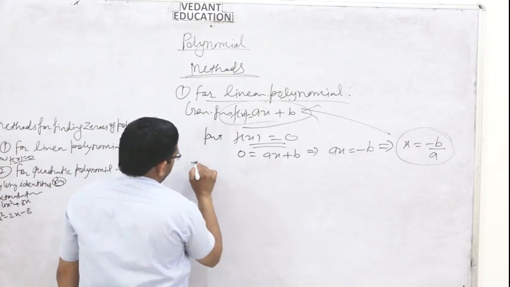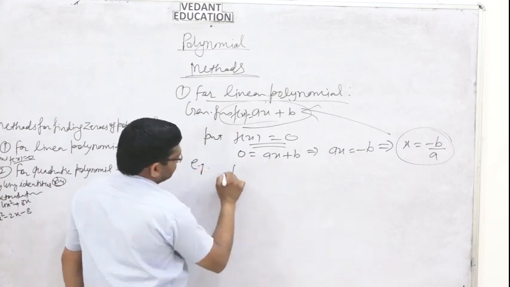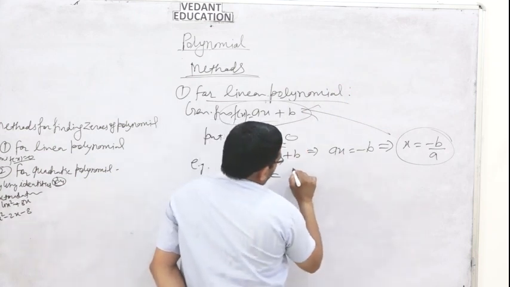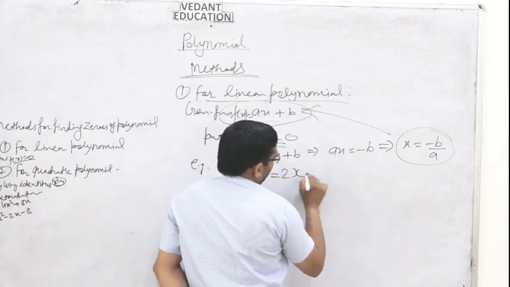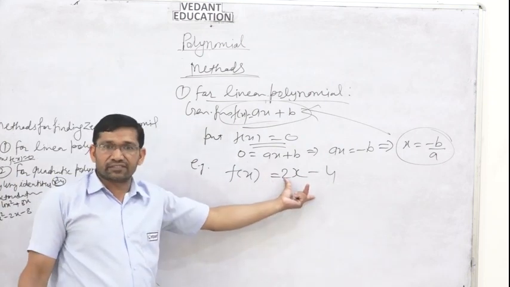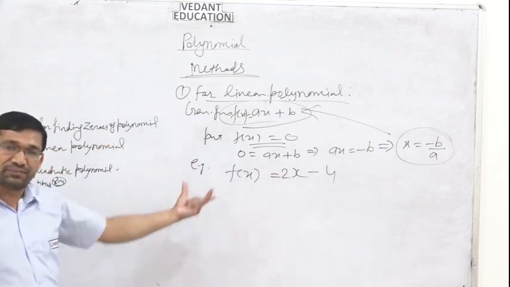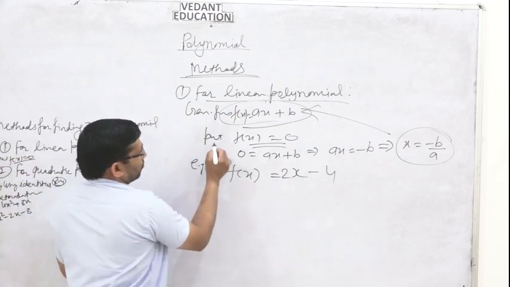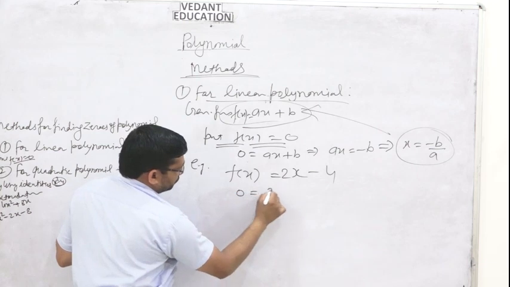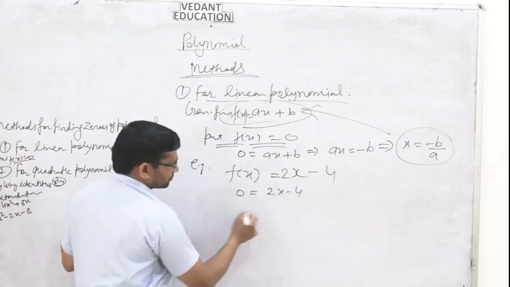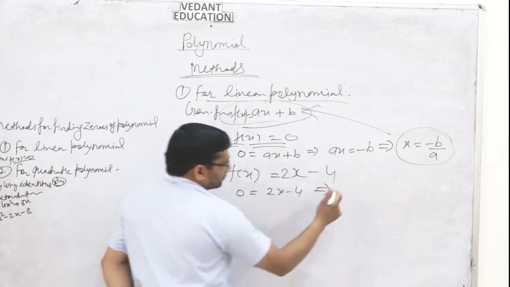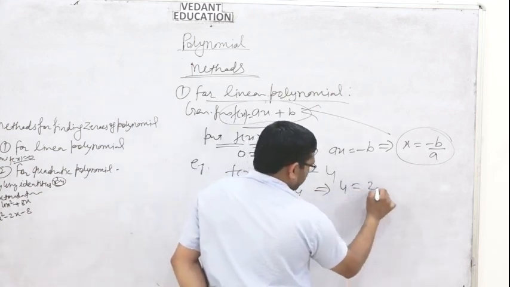Now for example, suppose f(x) is equal to 2x minus 4. We want to find the zeros of this polynomial. So according to our method, put f(x) is equal to 0. So 0 is equal to 2x minus 4. That is, minus 4 changes into plus 4, 4 is equal to 2x.